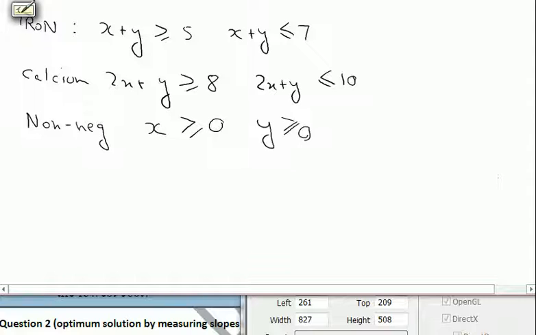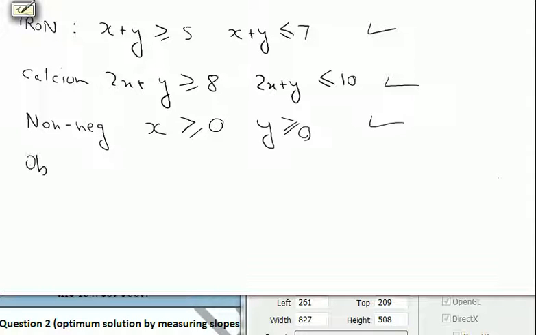So the 6 constraints we have are 2 pertaining to iron, 2 pertaining to calcium, and 2 called non-negativity constraints. We also have our objective function, and the objective function is C equals 6x plus 4y.